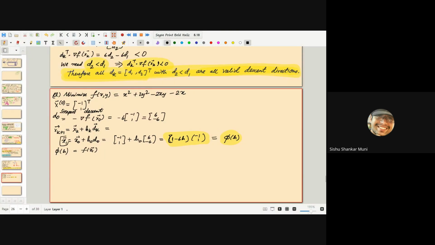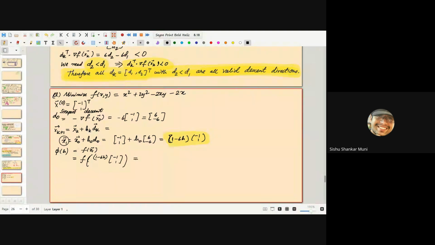Here it is x. Sorry that we made a mistake. So phi of h is nothing but f of x1, that is nothing but f of 1 minus 6h, minus 1, 1.